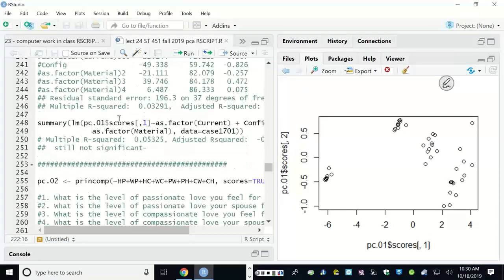And if you regress this principal component score on the other factors, again the R-squared goes up a little bit, but still, overwhelmingly, it's not significant. Whether you look at L1 by itself or this average across the bar, it does not seem related.